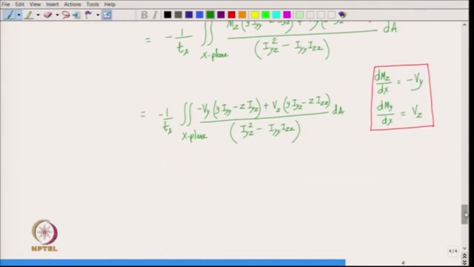So, now in this integration we have things which are functions of y and z and quantities which are constant or only change with x, they are going to act as a constant. So, we can take it out of the integral, right. So, we will have finally minus 1 by T s into 1 over I y z whole square minus I y y into I z z, and then the integrations.